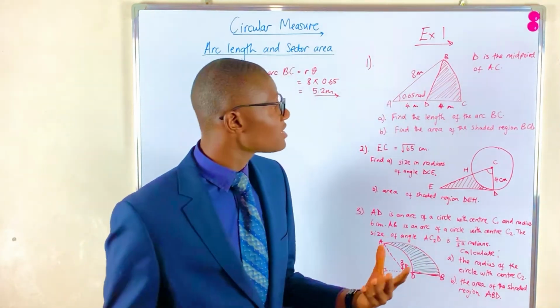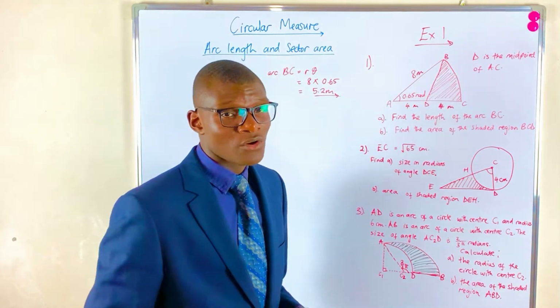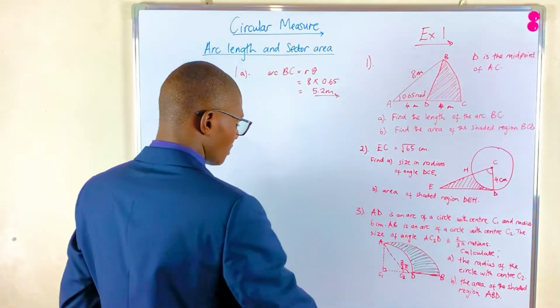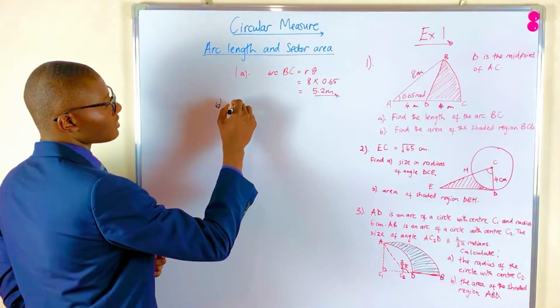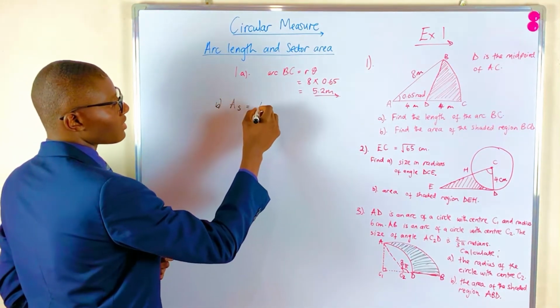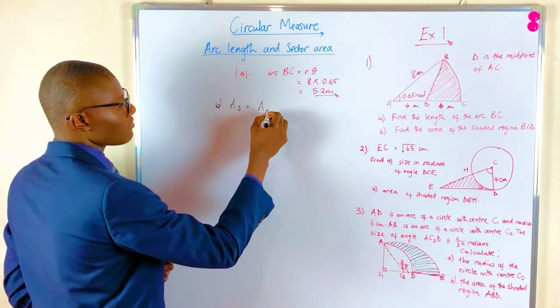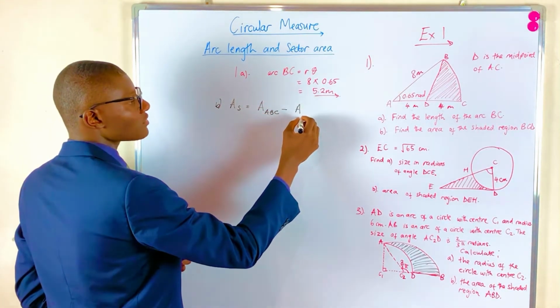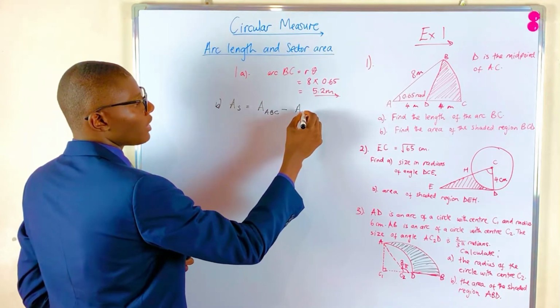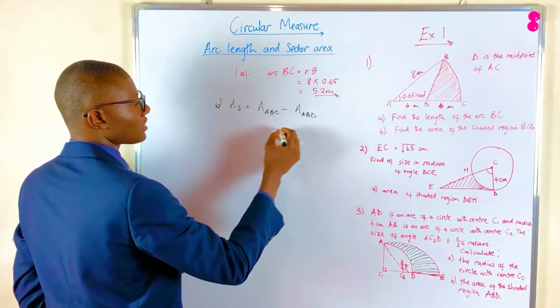This means that we shall get the area of the shaded region. So now let's do that. This is now for part B. We're saying the area of the shaded region is given by the area of the sector ABC minus the area of the triangle ABD, like this.